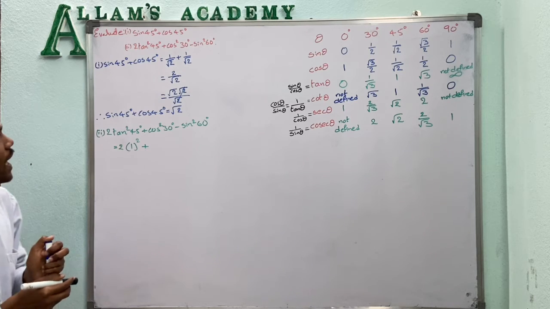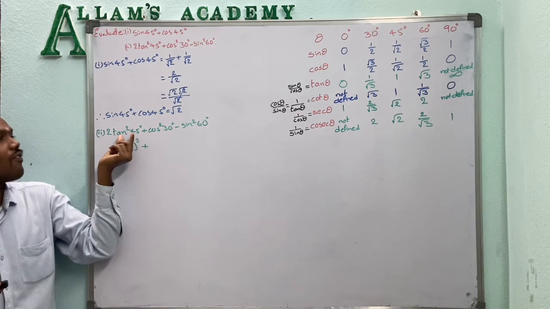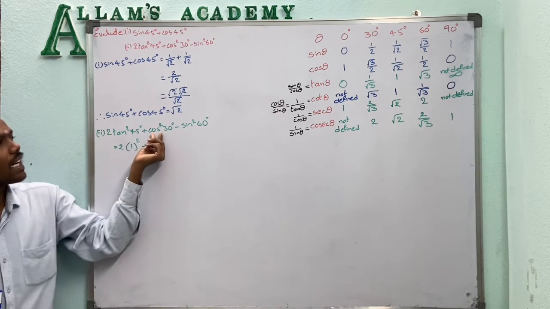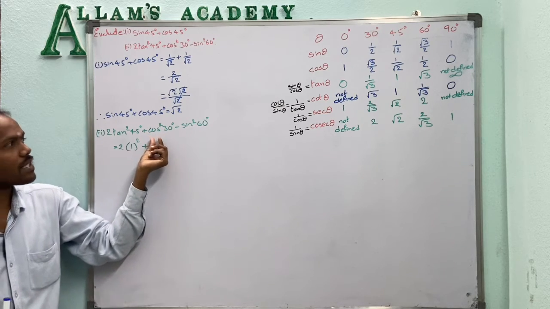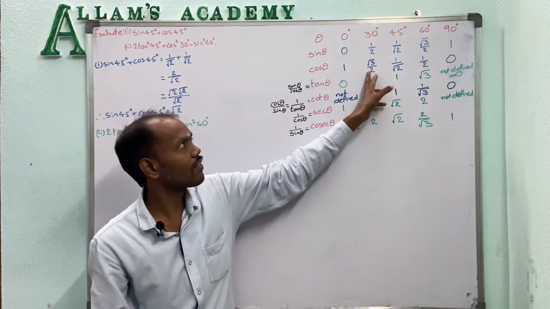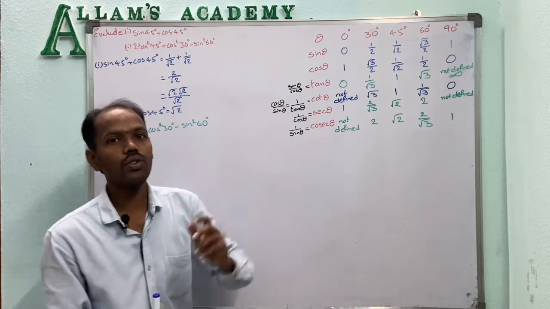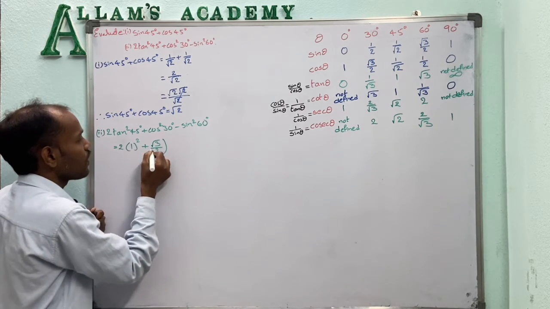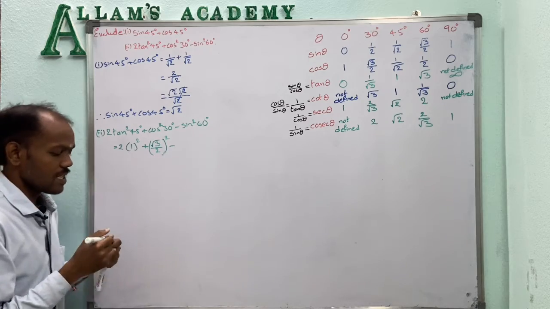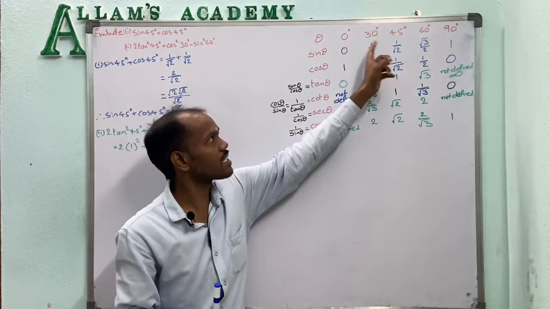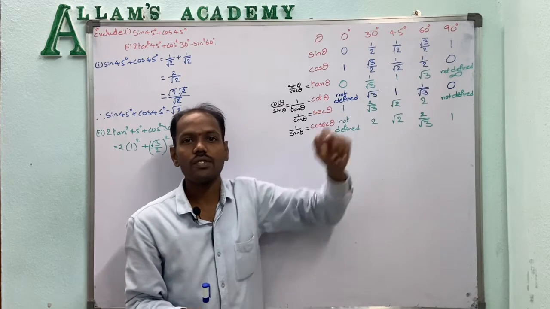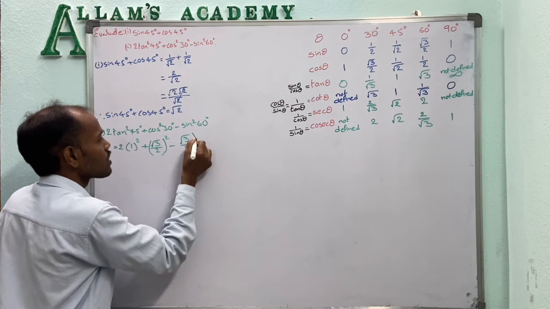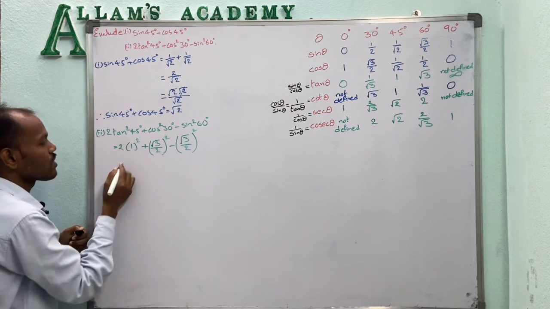Here tan square 45 degrees means we take the tan value and square it. Next, cos square 30 degrees, that means cos 30 squared, and cos 30 equals root 3 by 2. So root 3 by 2 whole square. Minus sin square 60. Sin 60 equals root 3 by 2. So sin 60 squared, root 3 by 2 whole square.